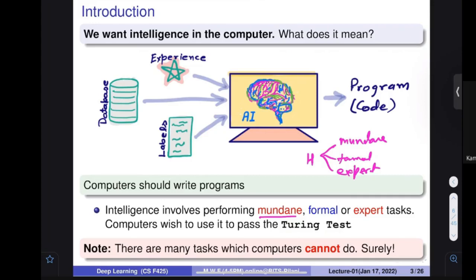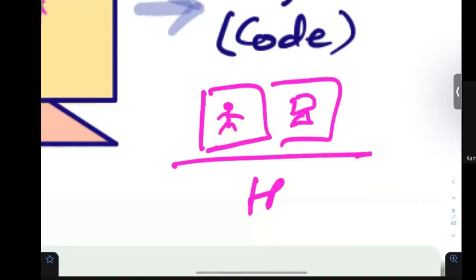It is a very simple kind of test which says, let's assume that there are two rooms side by side, and a human is sitting at a particular place asking questions. In one room there is a human, and in another room there is a computer. Nobody knows in which room there is a computer and in which room there is a human. Now the task of this human interrogator is to find out. So how would he find out?